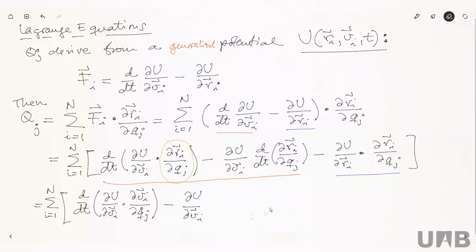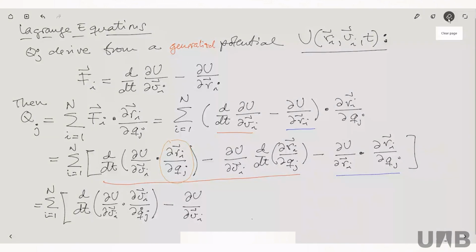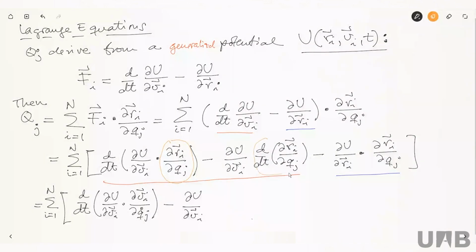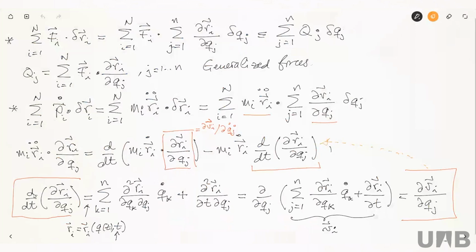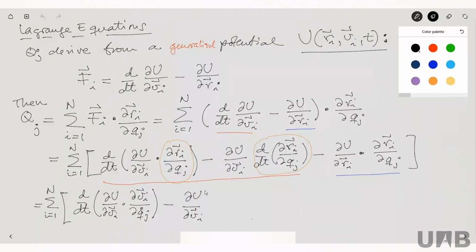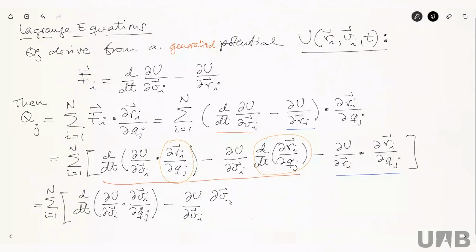Okay. So now we come here. And we look at this guy, d/dt of dr/dq, exactly, that is dv/dqj. Okay, so that is dv_i/dqj.